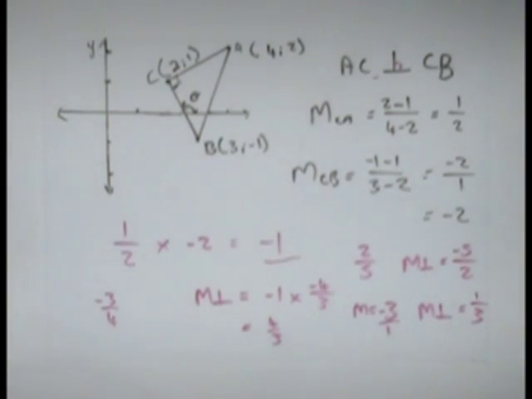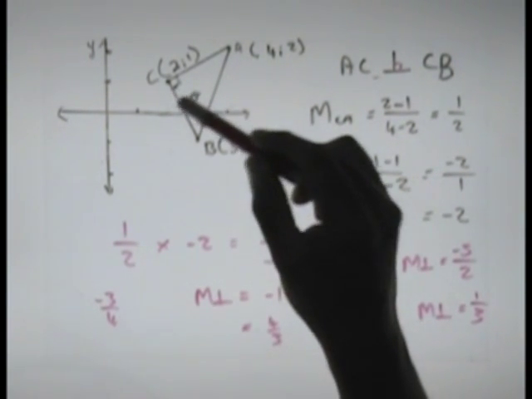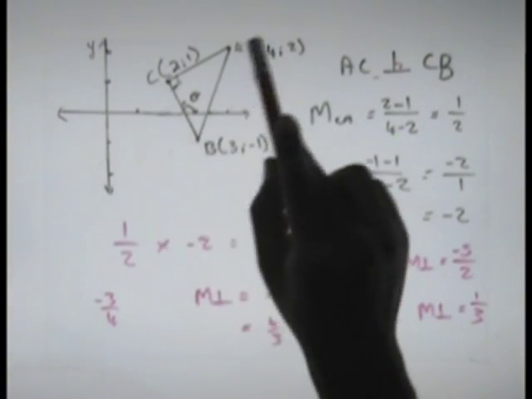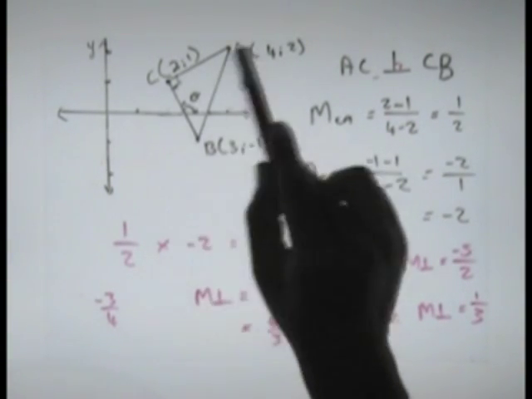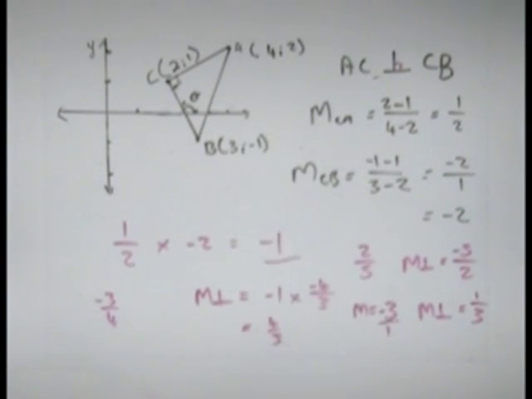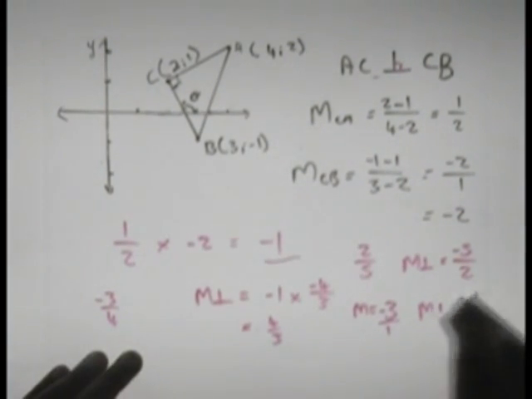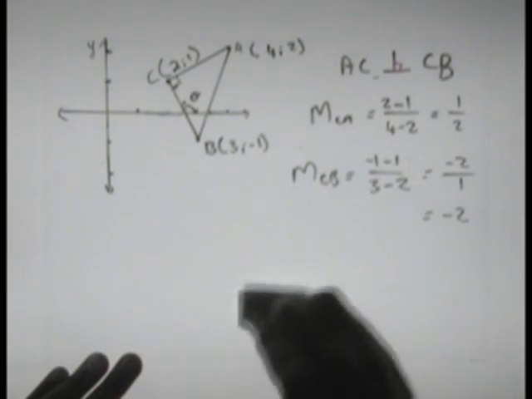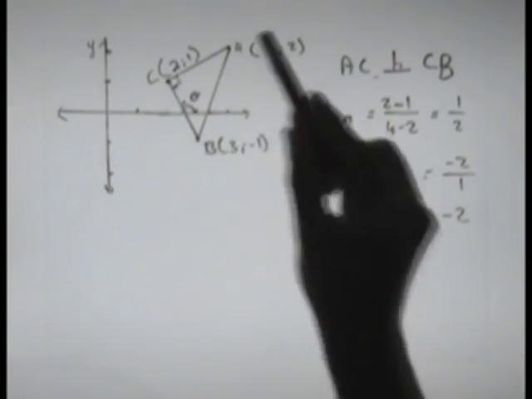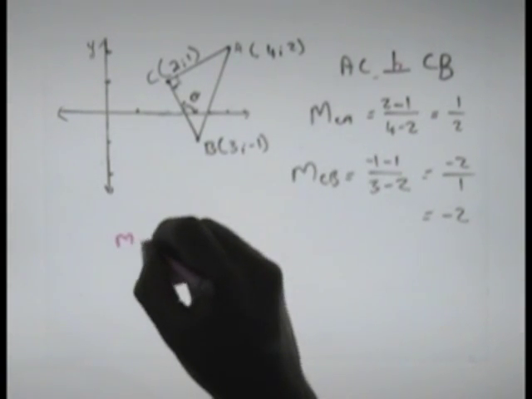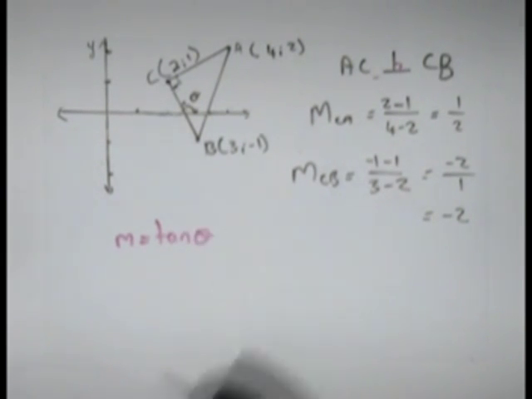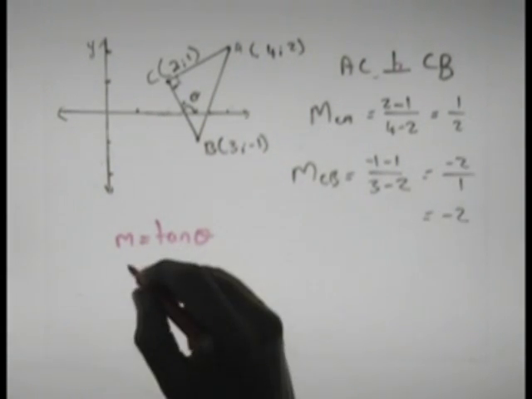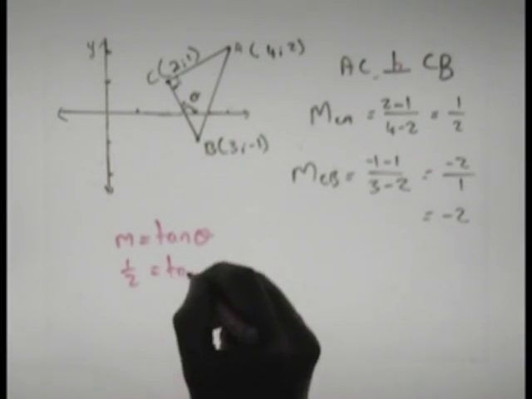Now let us look at theta, the size of angle theta of CB. So far we've looked at the angle of inclination theta of a line that has a positive gradient. Now let's work at that one. The angle of inclination of CA: remember m is equal to tan theta, but we know that our gradient of CA is 1 over 2, which is equal to tan theta.